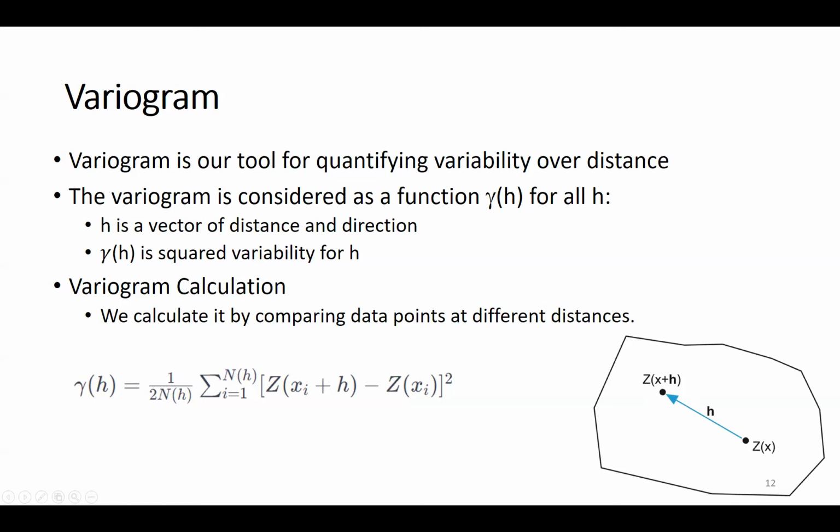Gamma is a function of distance, and generally we know that for 2 points which are very close to each other, the variable measured at these 2 points is somewhat similar, and by increasing the distance between these 2 points, which we call a pair, the difference or the variance increases and the similarity decreases.